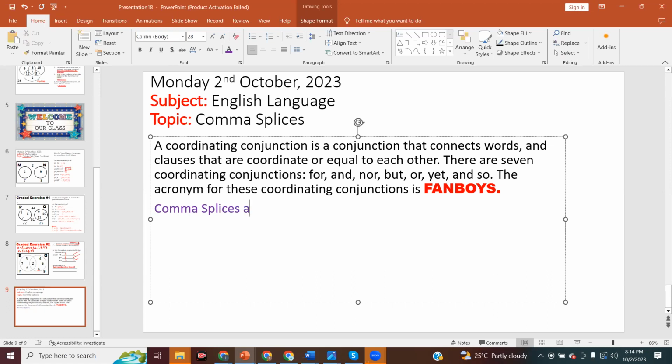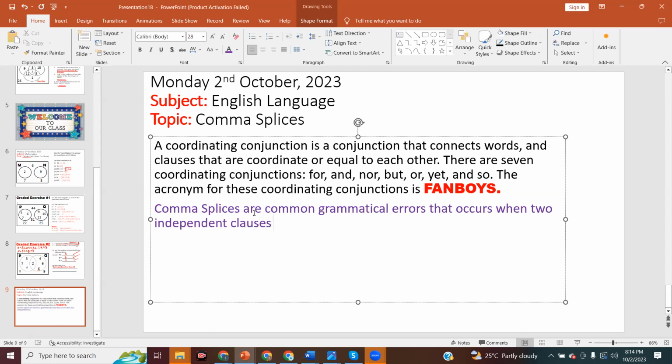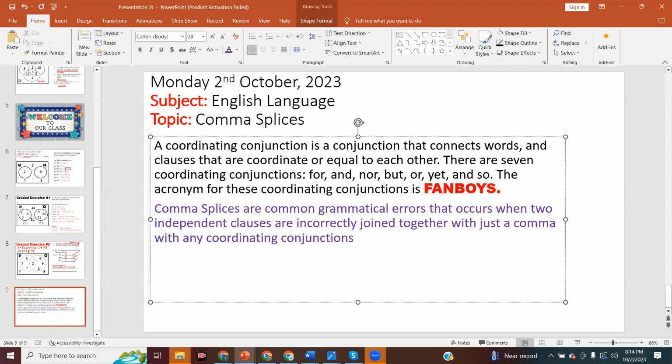Comma splices are common grammatical errors that occur when two independent clauses are incorrectly joined together with just a comma, without any coordinating conjunctions or proper punctuation.